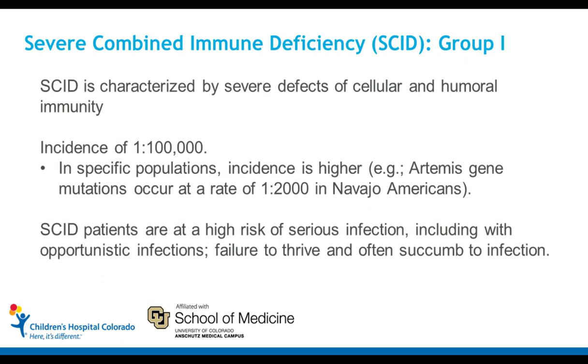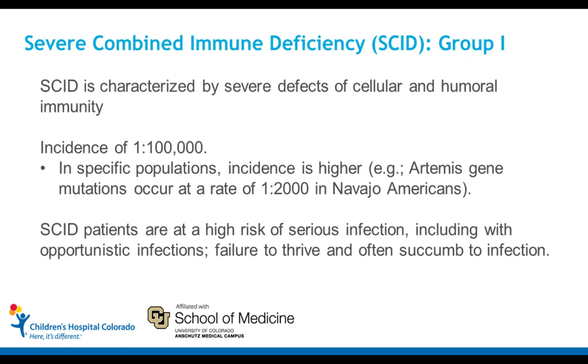So how do SCID patients present? They are at very high risk of serious infections, including opportunistic infections, and organisms of low pathogenicity that may not affect people with a normal immune system can cause serious infections in these particular patients.